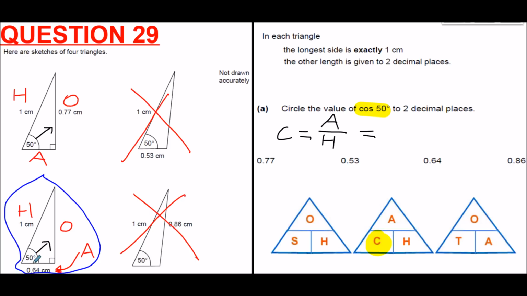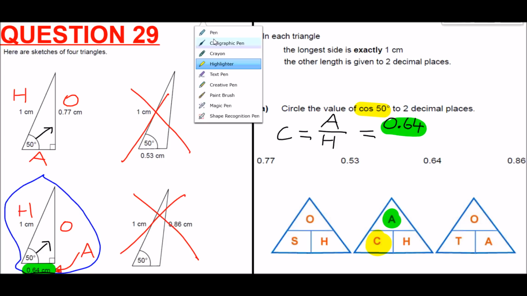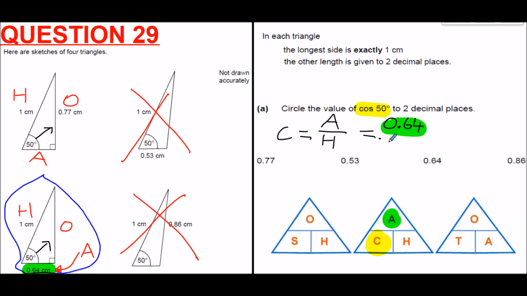So for this one, the adjacent side is 0.64, and the hypotenuse, the longest side, is just 1.